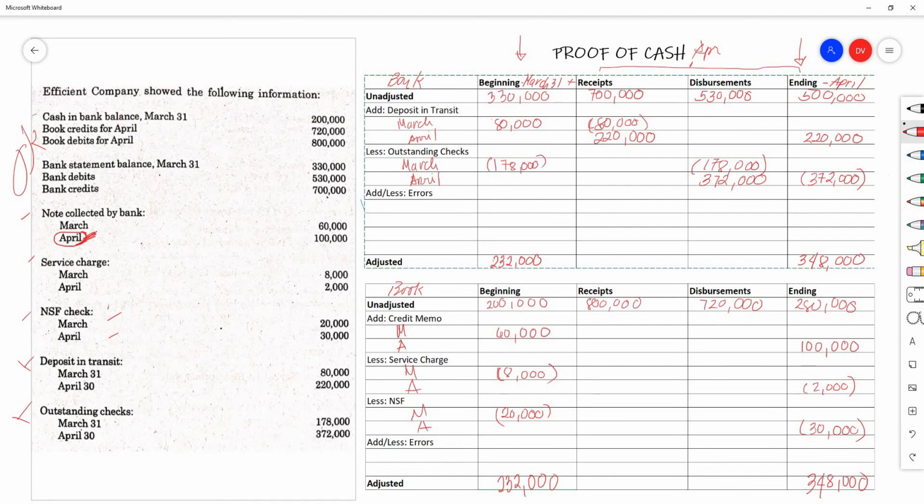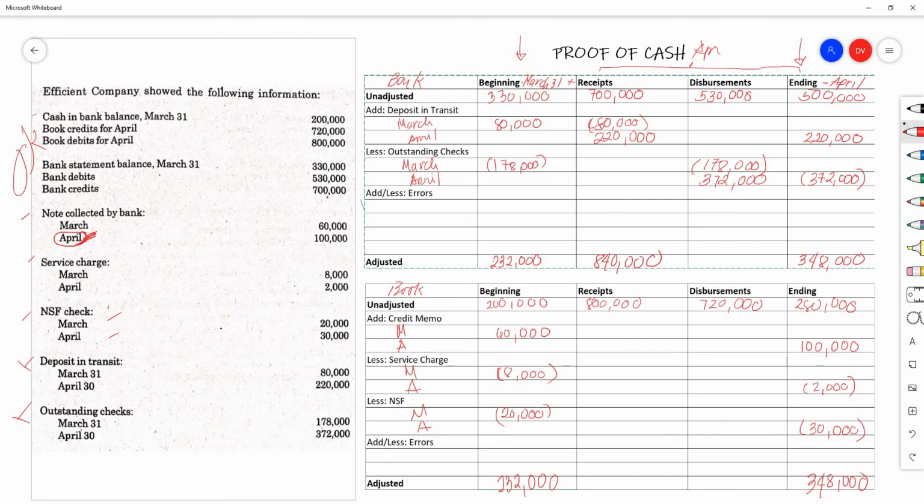Now, tingnan natin. 700 minus 80 plus 220, 840. Okay? So, we have here 840,000. For disbursements, 530 minus 178 plus 372.